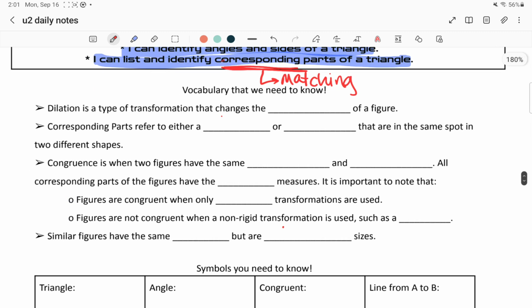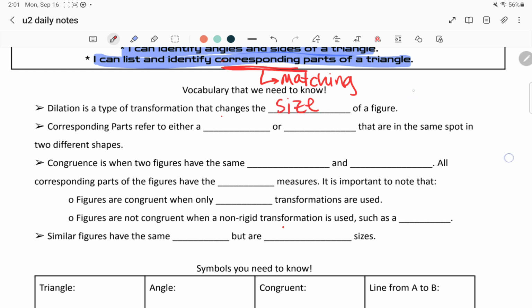As we're getting into this, there's a couple extra geometry things that we haven't super talked about yet that we need to know just for today. So follow along and fill in the blanks with me. Dilation is a type of transformation that changes the size of a figure.